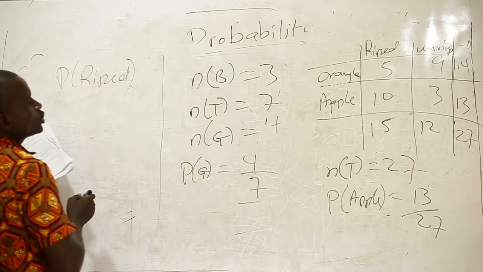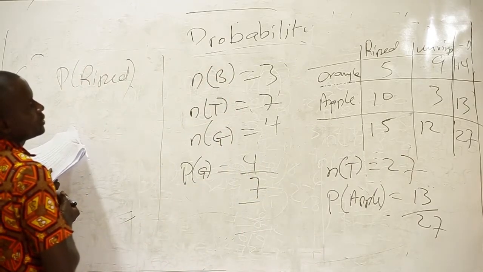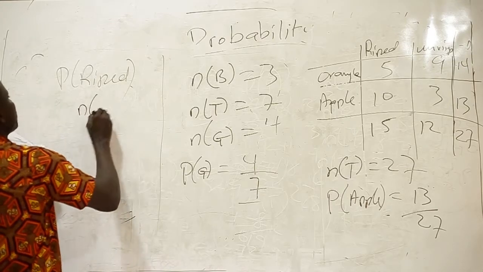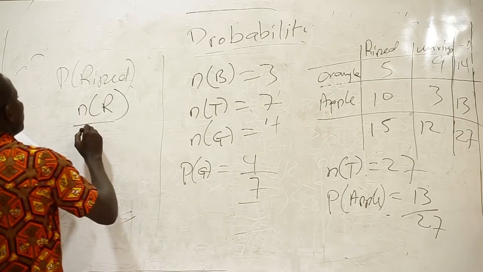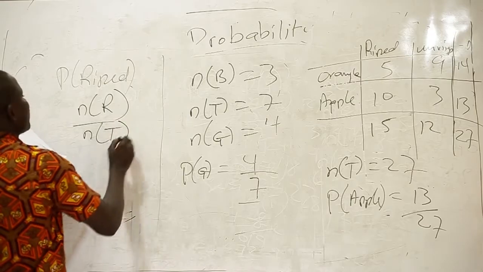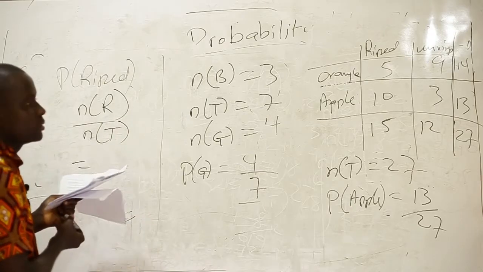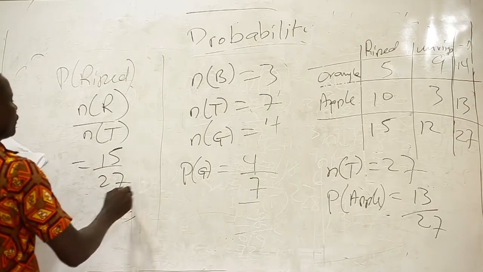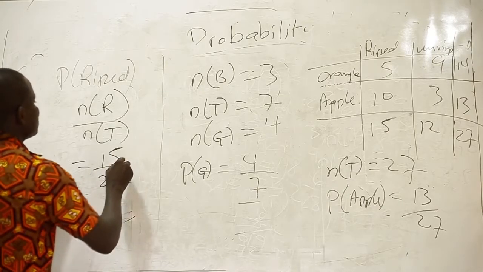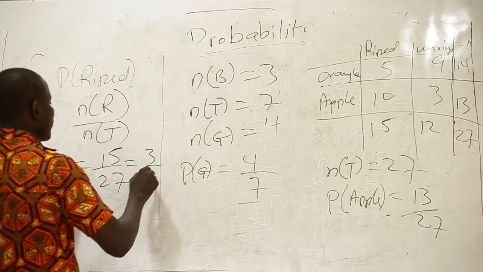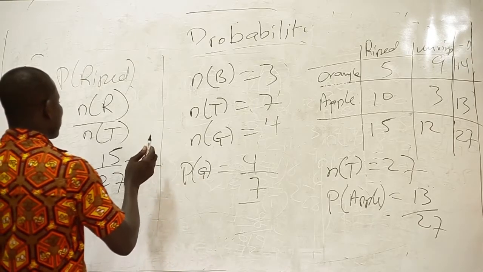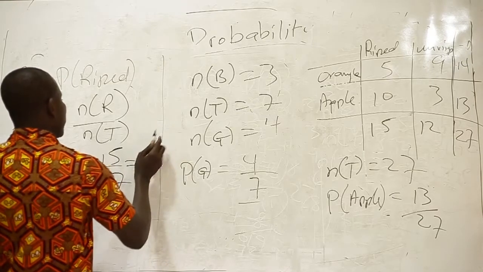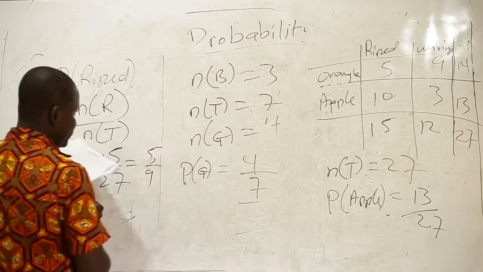So P(ripe) is going to be N ripe over N total. Is that okay? And what's the number ripe? Number ripe is 15 over 27. Of course, there could be some cancellation here. 5 can go into this one, 3. 3 can go here, 5. It can go here, 9.